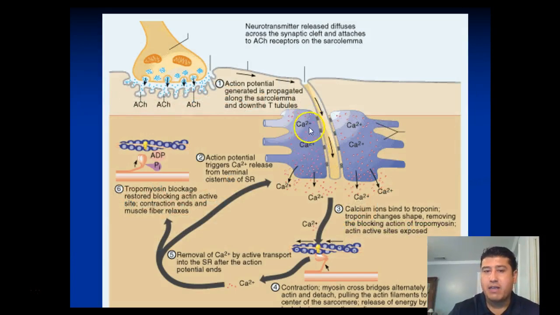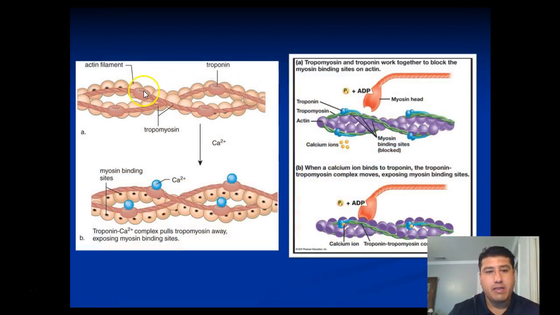the calcium ions that are released from the sarcoplasmic reticulum have to bind to the calcium receptors on the tropomyosin, and you can see here how the calcium has bound to the calcium receptor on tropomyosin.